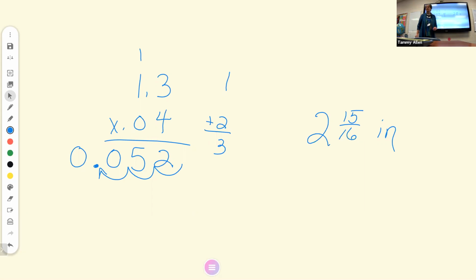Okay? Questions on that? If you were doing carpenter work, that would be pretty precise measuring there. Does that make sense? Depending on what kind of carpenter work you're doing, you would want to measure that precisely.